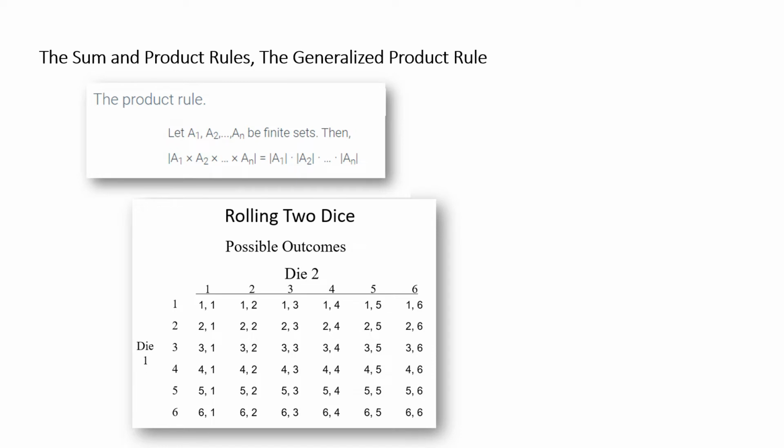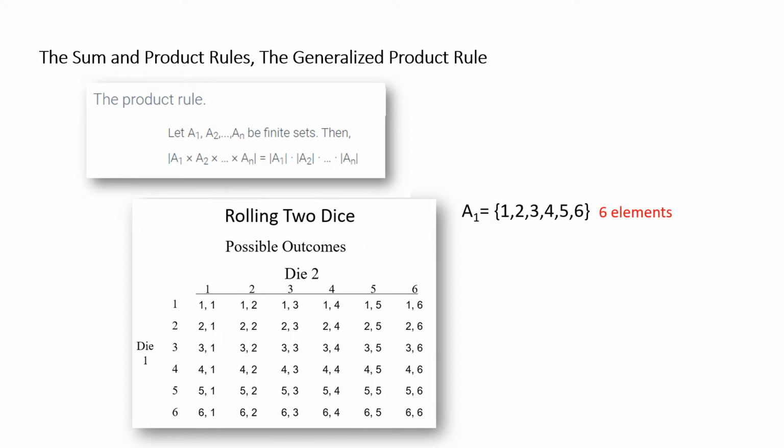So that could be represented by the ordered pair 1, 1. Right below it is the ordered pair 2, 1. That would represent the fact that we would get a 2 from rolling die 1, but we'd get a 1 when we roll die 2. So anyway, you see all of these different possibilities here, and all of these ordered pairs would be elements in the cross product of the 2 sets.